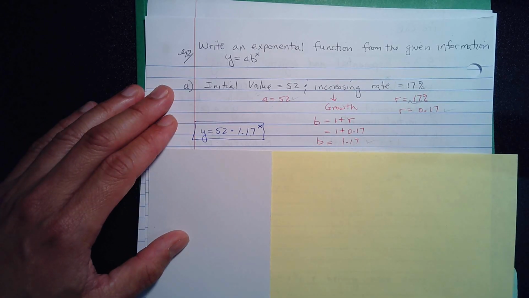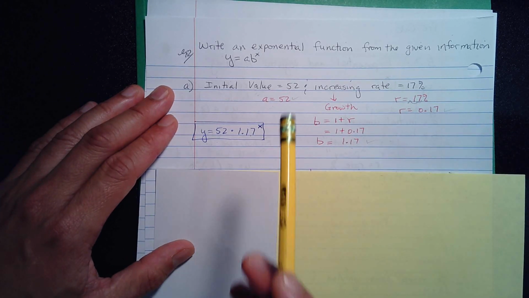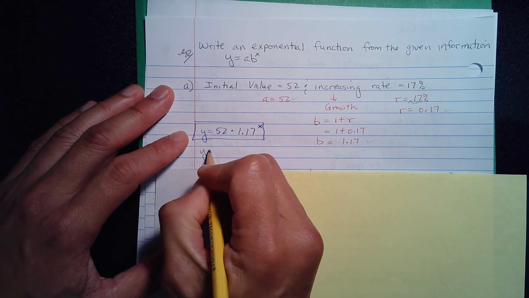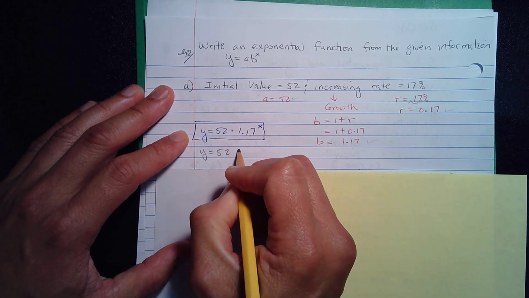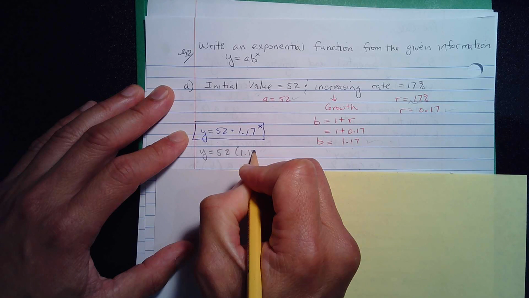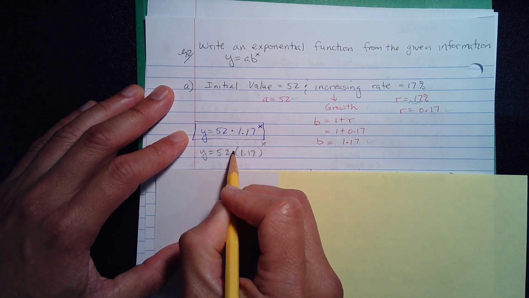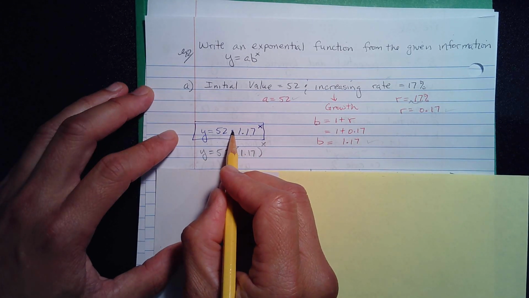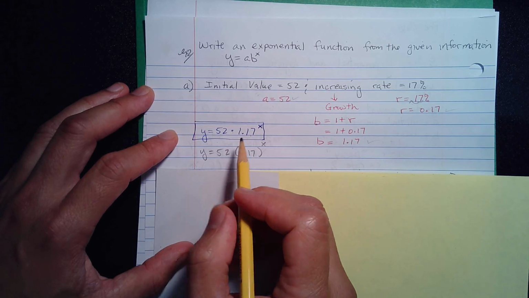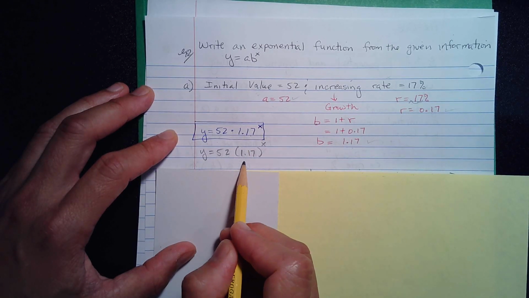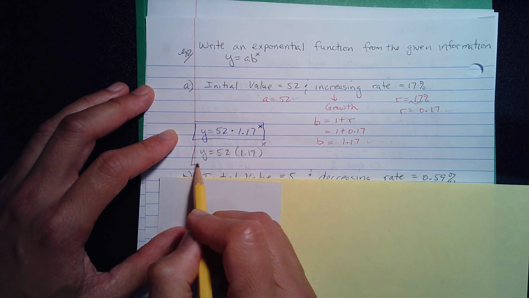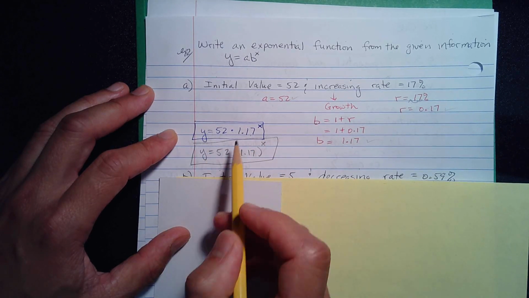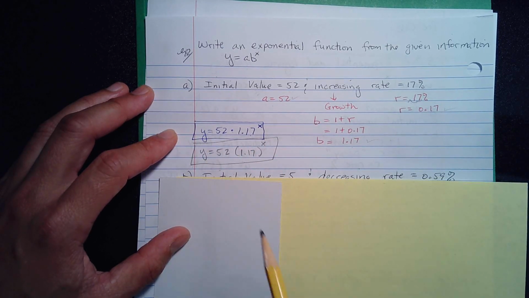You might see this written as the book wrote it. I prefer to write it this way, because sometimes if you put a multiplication symbol, some people might think it's a decimal point. But either one will work.